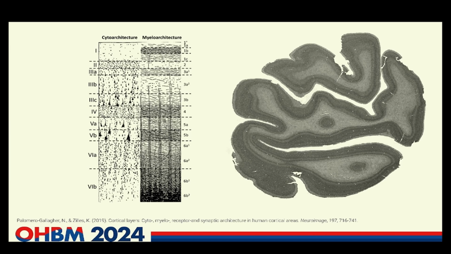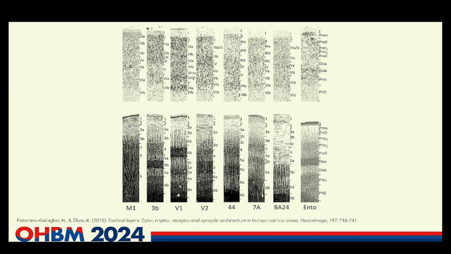And this layering is quite appreciable under the microscope. What many scientists have noted is that different cortical areas will have different cytoarchitectural and myeloarchitectural organization.